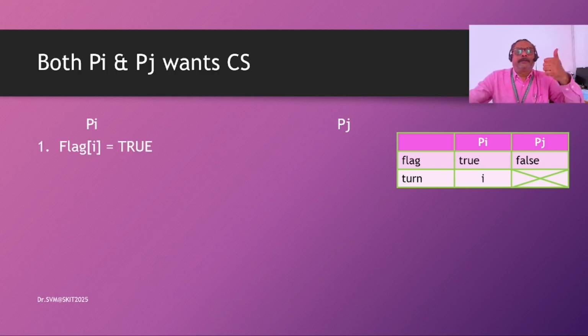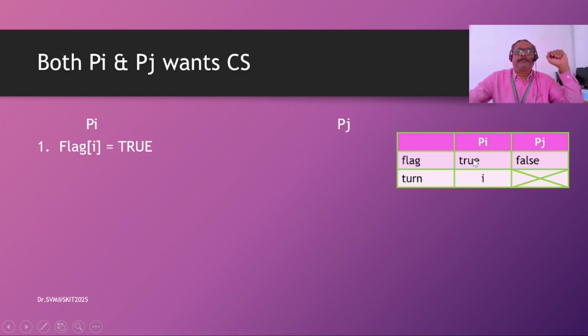So first line, Pi says I want to enter, and both of them are executing that set of instructions we saw in the previous slide, line by line.